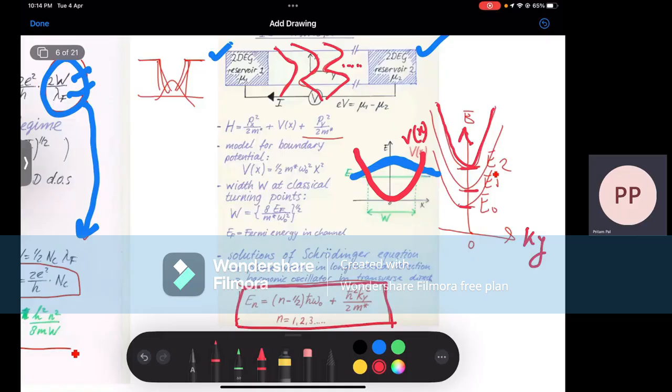Last session we mentioned this and we call these subbands, right? They look like a band, but they're subbands because they live in the band structure of a semiconductor somewhere.